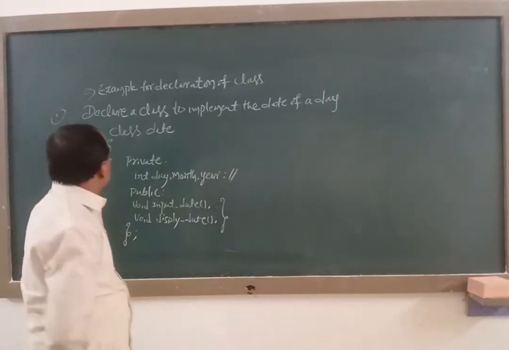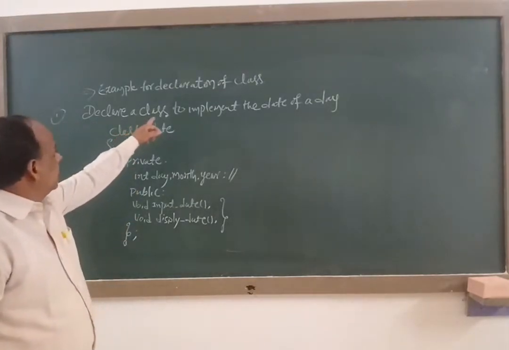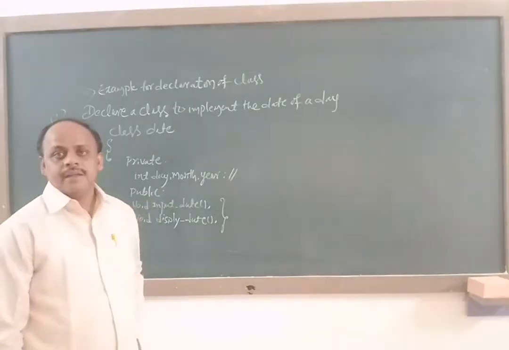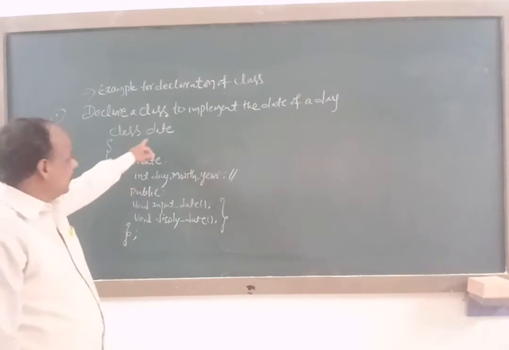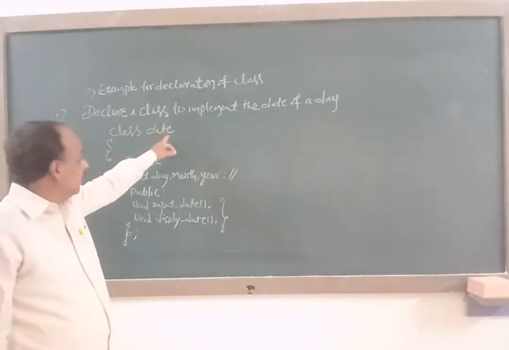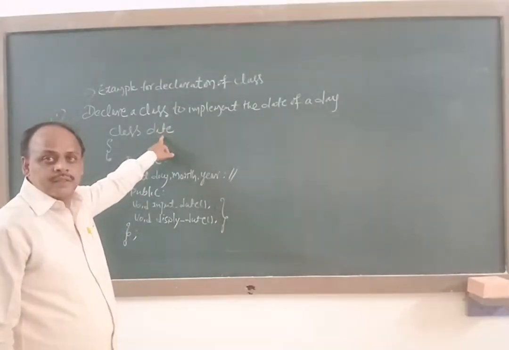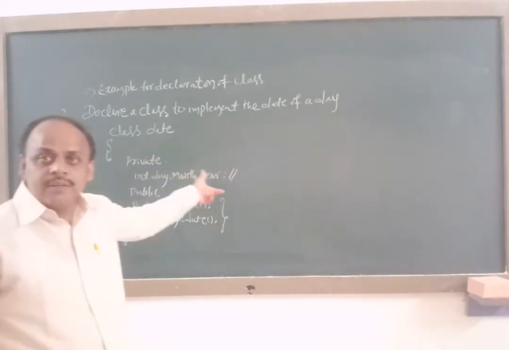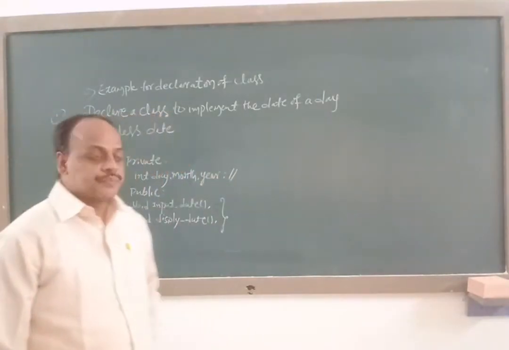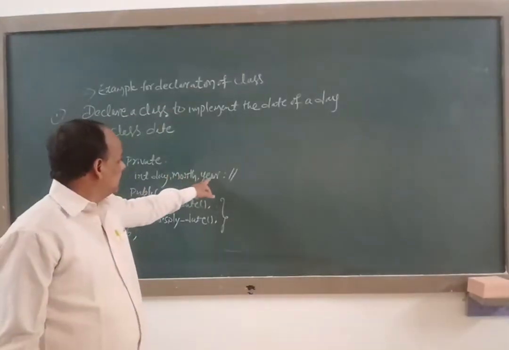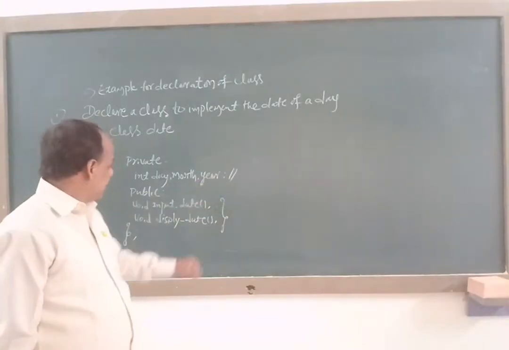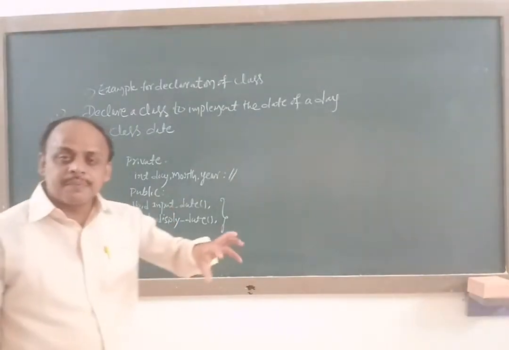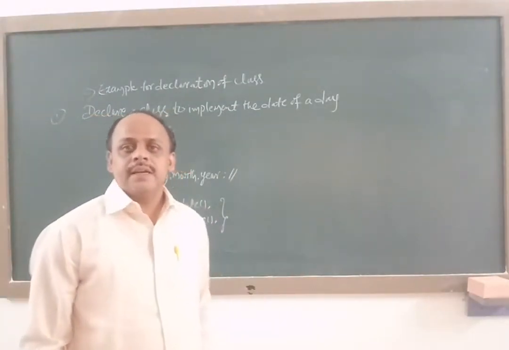See here, declare a class to implement the date of a day. It means we have to create a class with the name date, and that must include data members day, month, year, and it must include two member functions to accept the input date and display the input date.